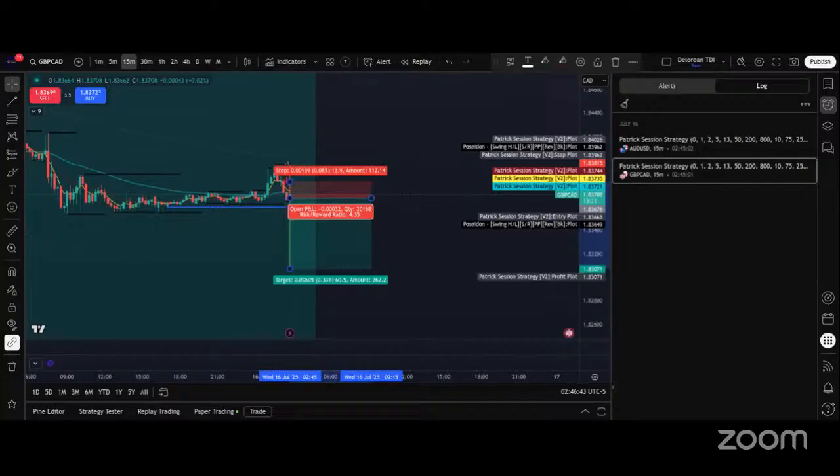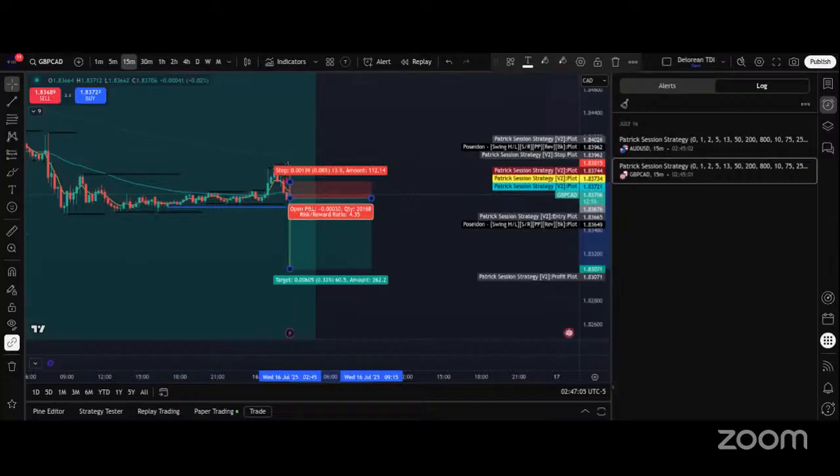And entry price is going to be 1.83676. Here's your next call. Great British Pound to Canadian dollar, 15-minute confirmation.